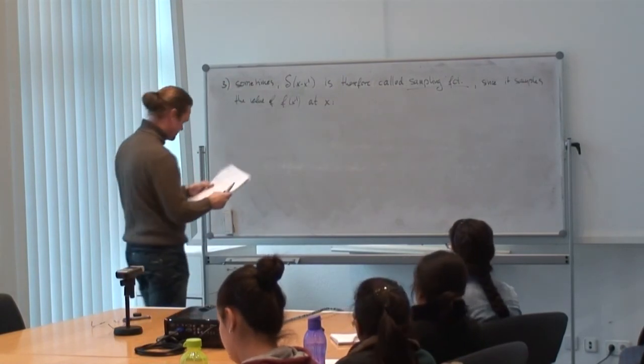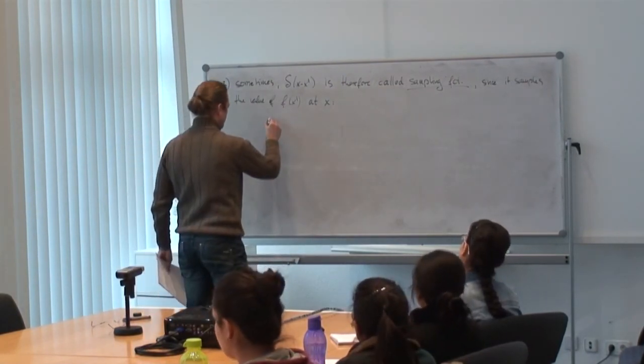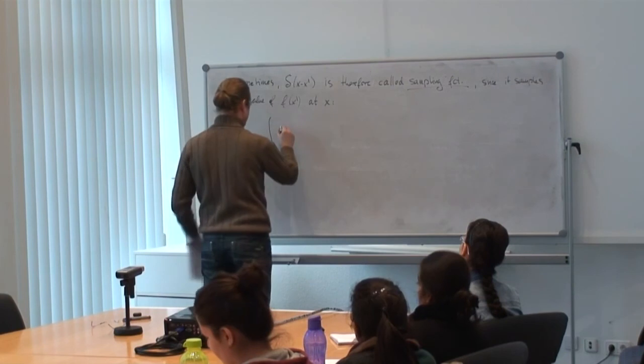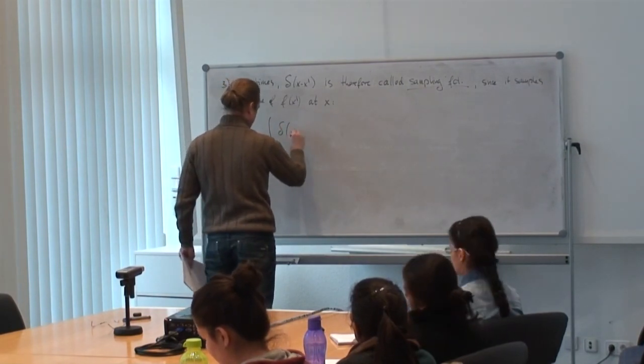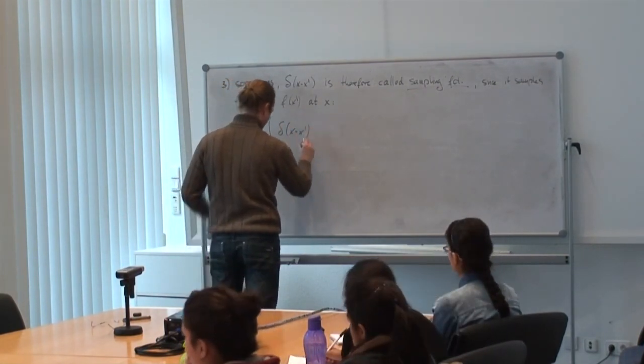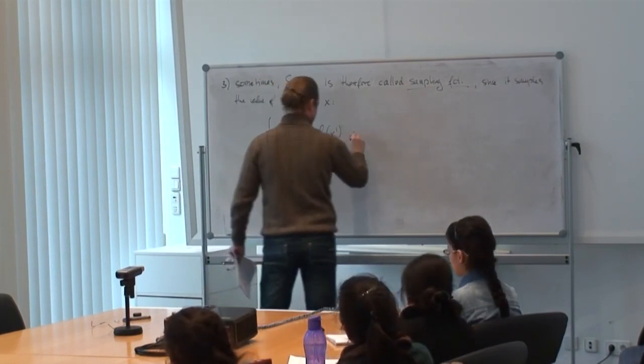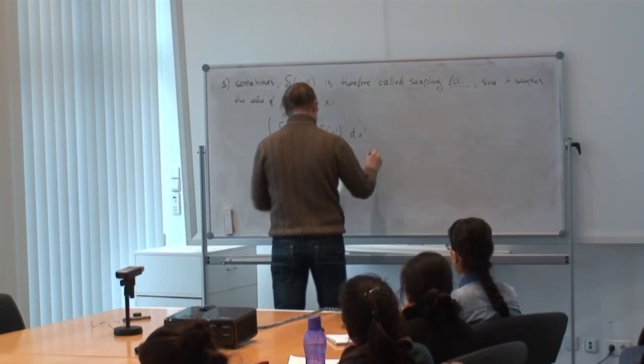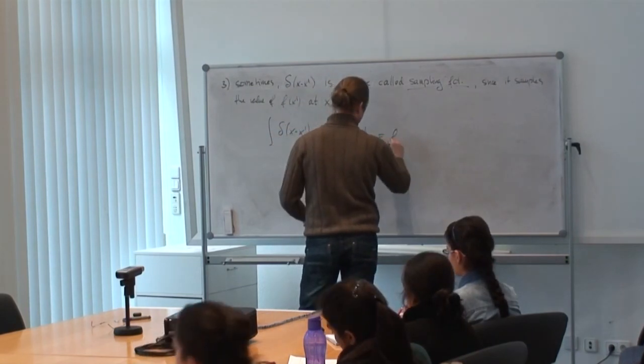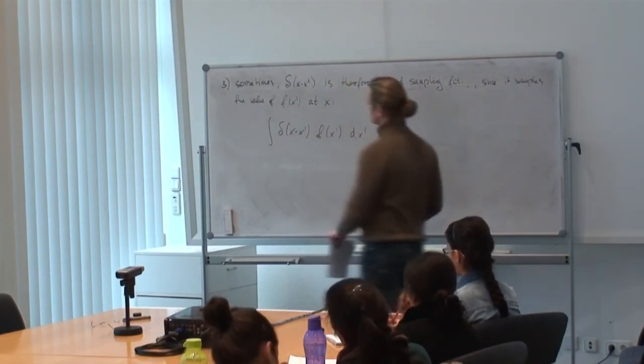If we compute the following integral, delta of x minus x prime times f of x prime dx prime, this gives us f of x. All right?